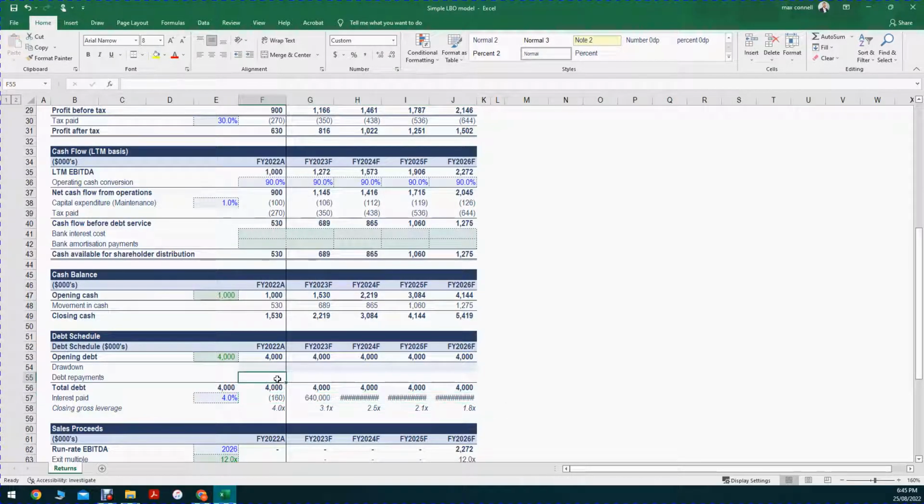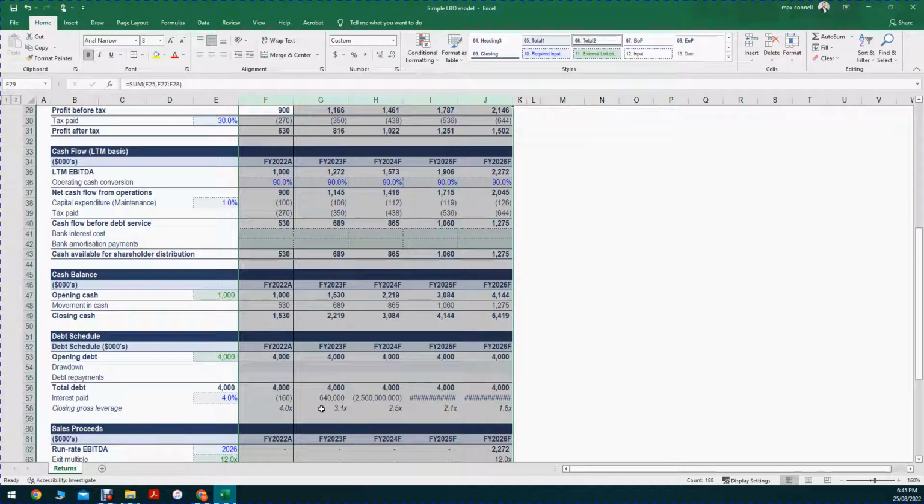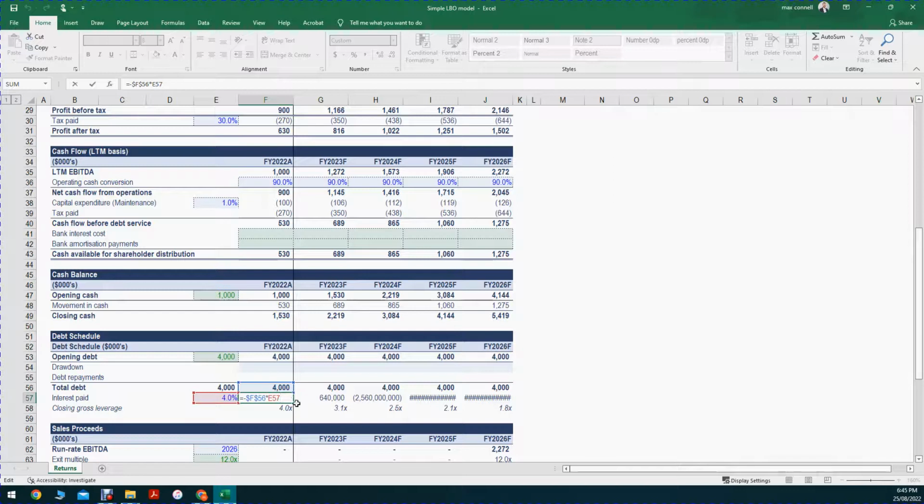But what we need to know down here is how much we're actually repaying on this loan. And of course, if it's a payment in kind loan, why isn't this working? Sorry, I'm fixing the wrong number.